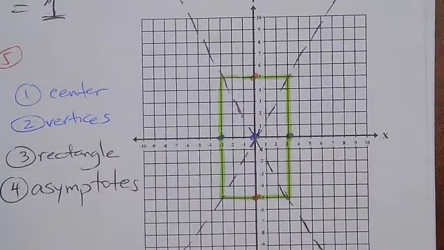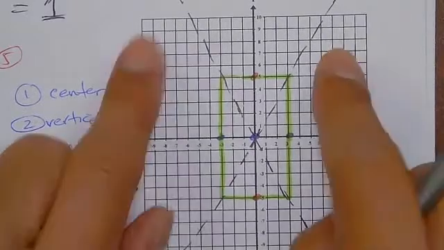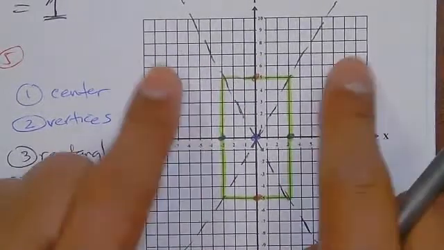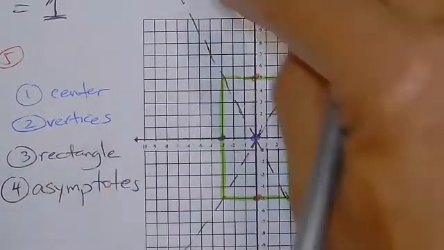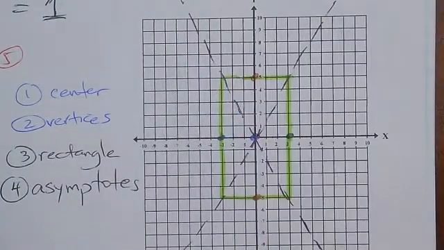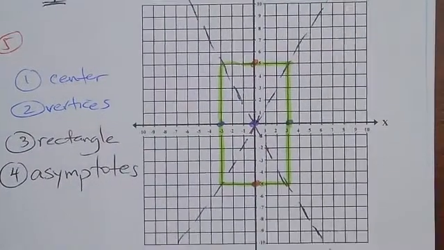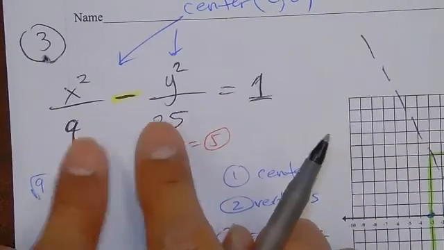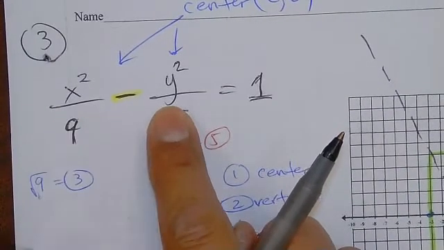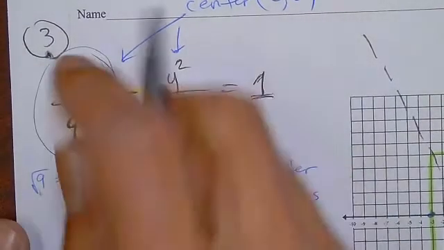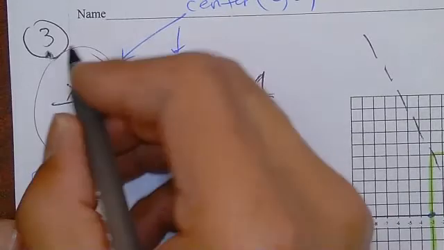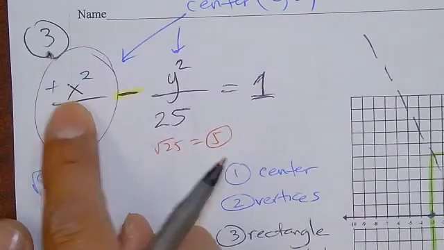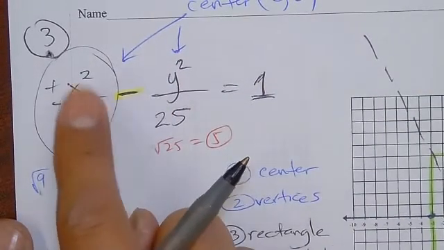Okay, well, we're pretty much done, right? We got everything. You're either going to graph the 2 of them that are opening left, right, or you're going to graph the 2 going up, down. How do you know? You look over here. Does it have to do with these numbers? No. It has to do with whichever letter is right here in front and is what? Positive. See, this one's positive, x squared. This one's negative.